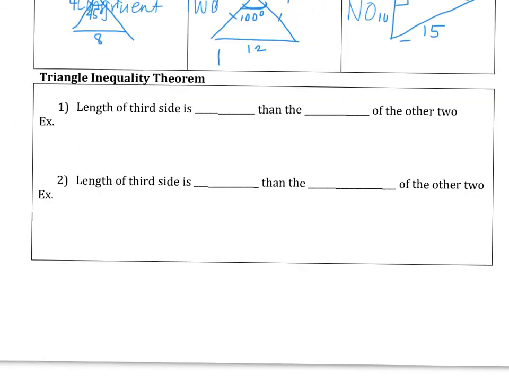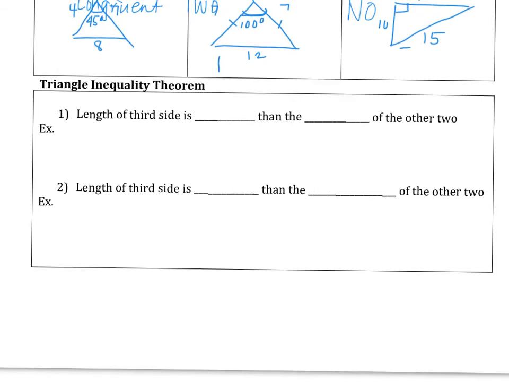Now, a triangle inequality theorem. This is the length of the third side is less than the sum of the other two sides. So for example, let's say I have triangle XYZ.